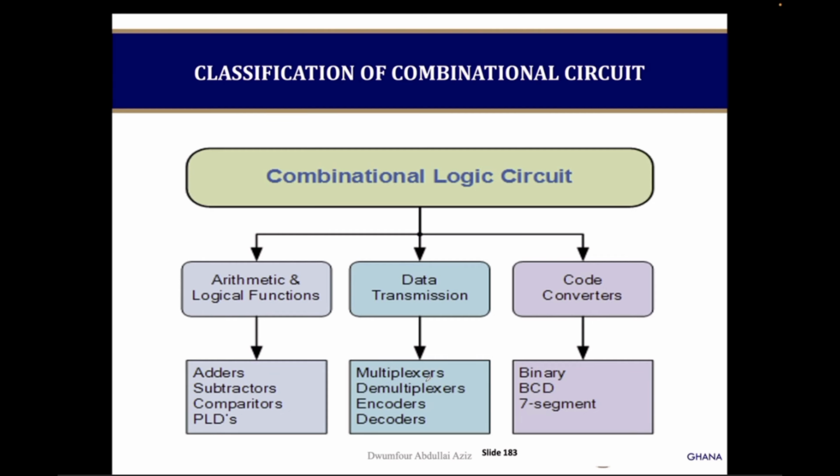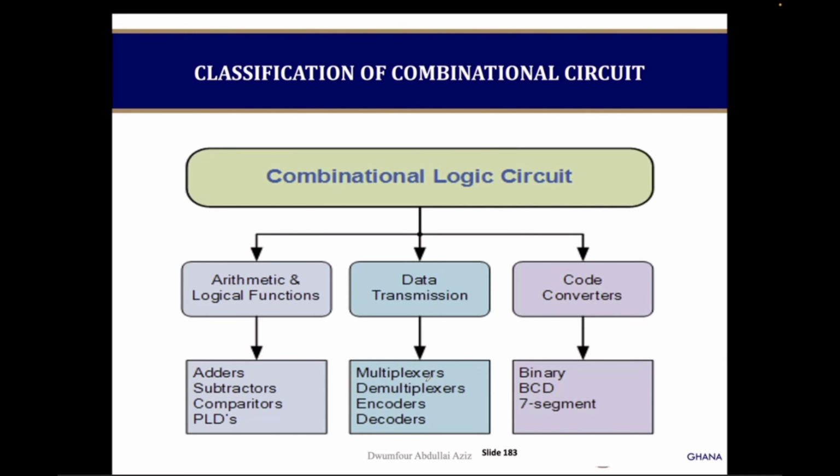So when you are interacting with your computer system and your CPU is doing all this magic, you know exactly what is going on. You know how the CPU does addition, subtraction, and comparison. And we also have the PLDs, the programmable logic devices, which we are also going to see. So this is a summary of what we would be looking at.